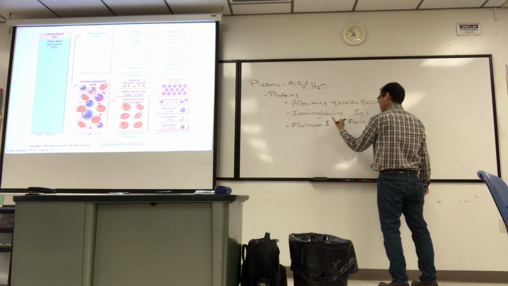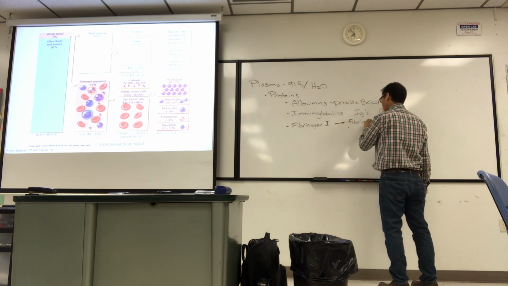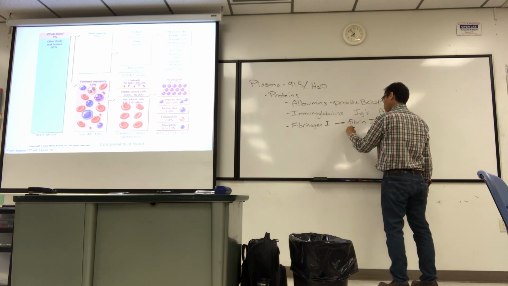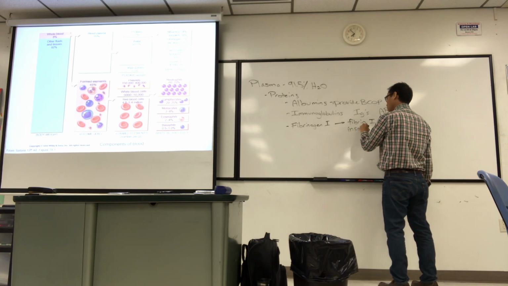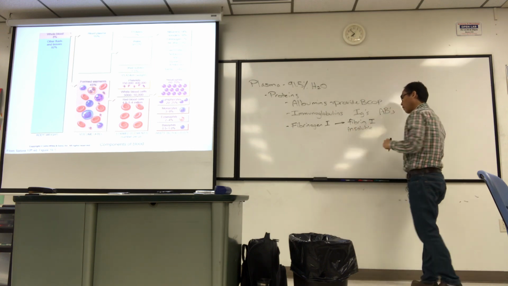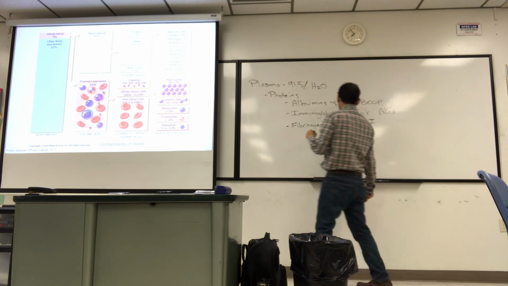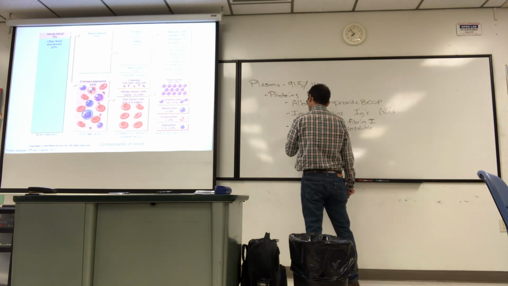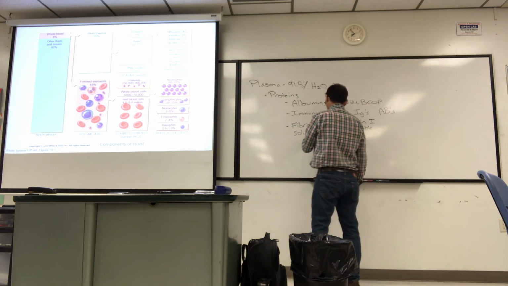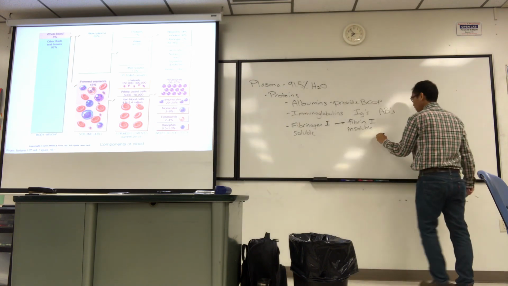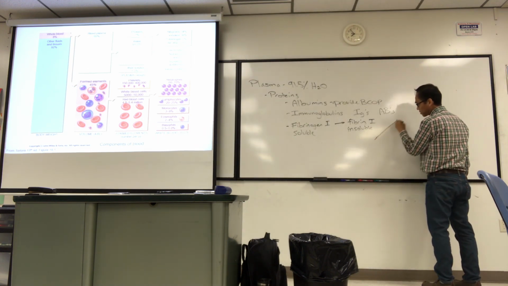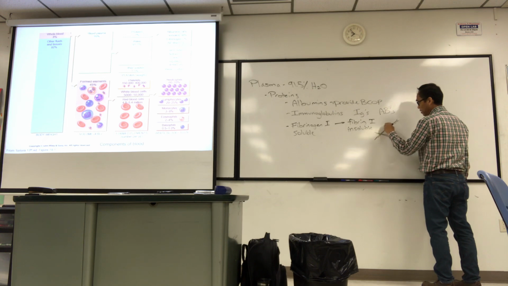So fibrin is the insoluble form of clotting factor 1. So I'll put insoluble. It has to come out of solution to form a clot. Insoluble, soluble. When it's insoluble, it forms all of these threads and strands within the break of the vessel.